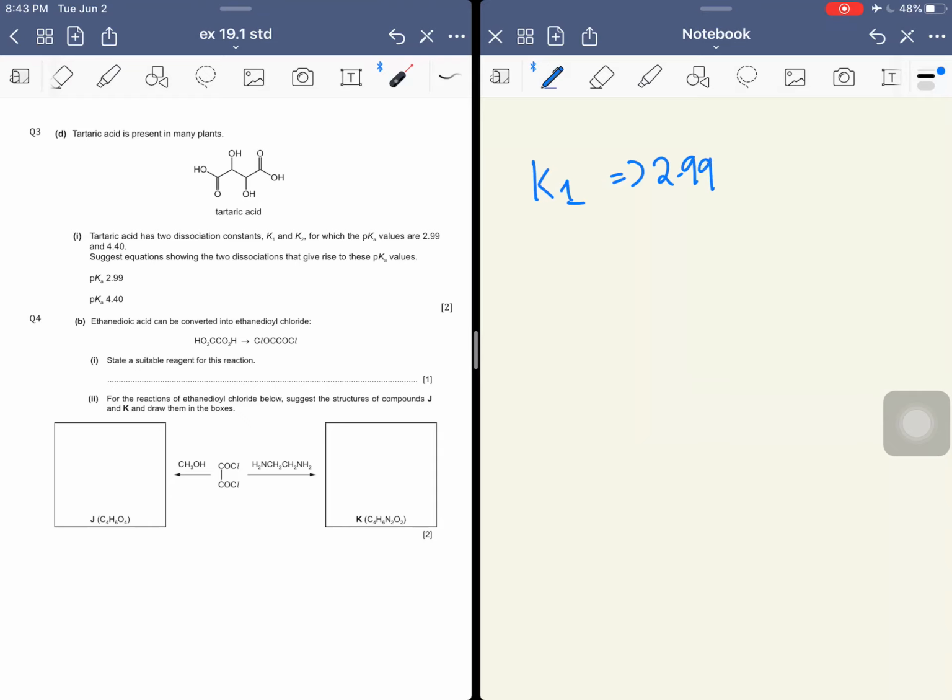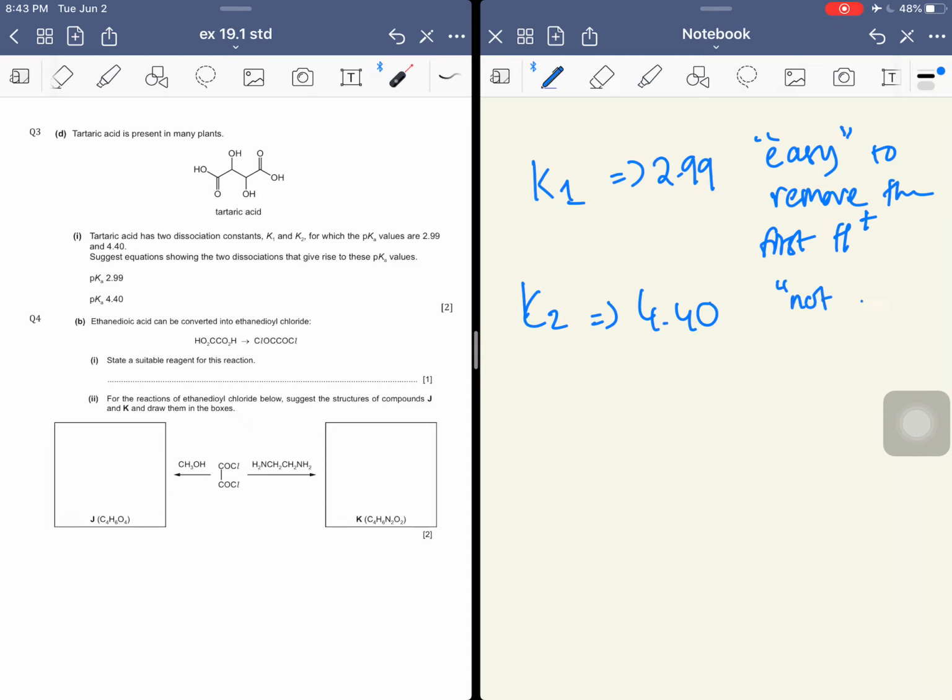That means it's not easy, but I would say easy to remove the first H plus, and then pK2 is 4.40, not easy to remove the second H plus.